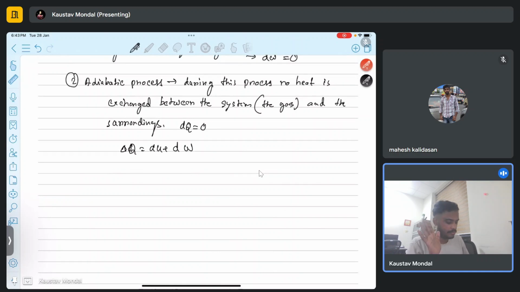In this problem dU can be written as dQ minus dW. Both dQ and dW are 0, so dU is also 0.